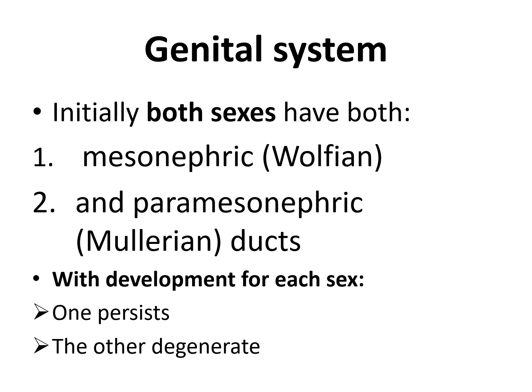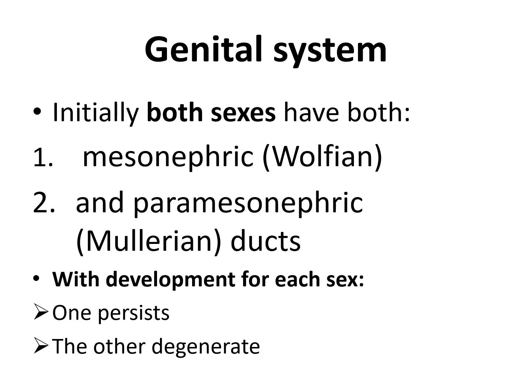So initially, as we mentioned, both sexes, male and female, have the mesonephric or Wolffian duct, named for Wolff, who discovered it, and the paramesonephric duct or the Mullerian duct for Muller.